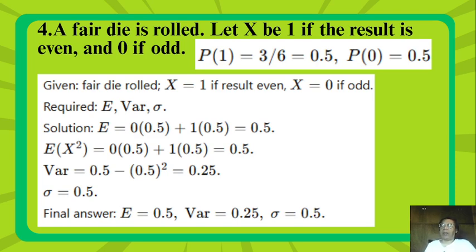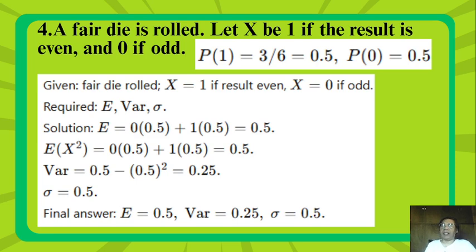Now, the probability of odd. How many odds do we have in our outcome? We have 1, 3, and 5. So we have 3/6, the same as the even. That's why the probability of having an odd, which is 0, is 0.5.